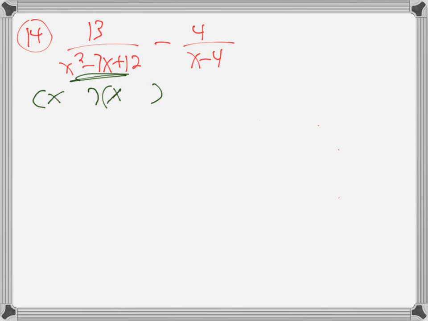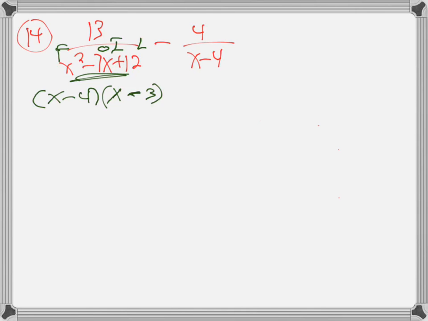Remember, they got to multiply to be 12. What 2 numbers multiply to be 12? 3 and 4. Yeah, 4 and 3, right? Remember the FOIL, F-O-I-L. And then what signs do they need to make minus 7? Both negative, right? Both negative. And that'll multiply to be plus 12, so that's the right factoring.